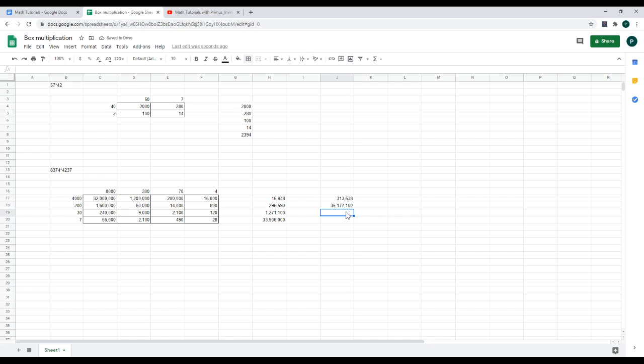Now, when everything at last is all added up, our total is 35 million, 480,638.